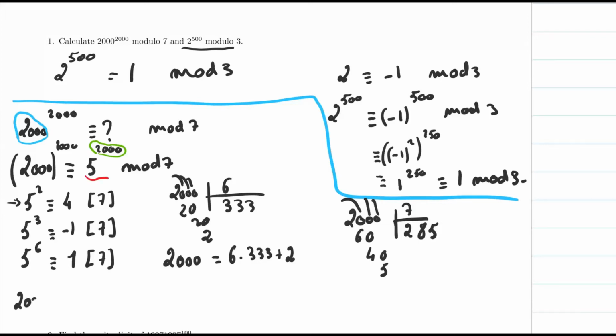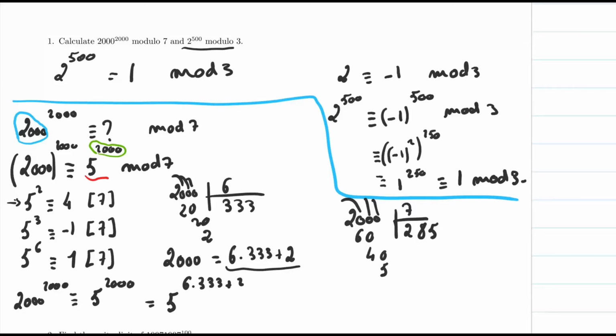The 2000 to the power 2000 is congruent to 5 to the power 2000. But now the 2000 in the exponent, I write this way: 5 to the power 6 times 333 plus 2. The calculation here everywhere is modulo 7.